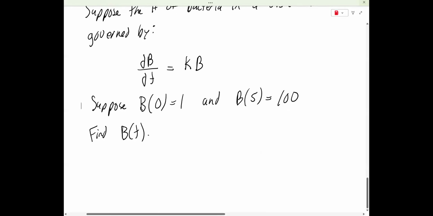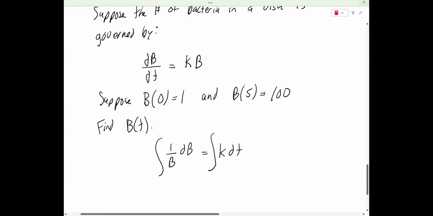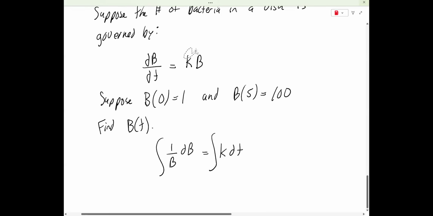Basically, you get 1/B dB is equal to k dt, right? If you separate it out, you would get this. And at some point we'll figure out what that constant is as we go.